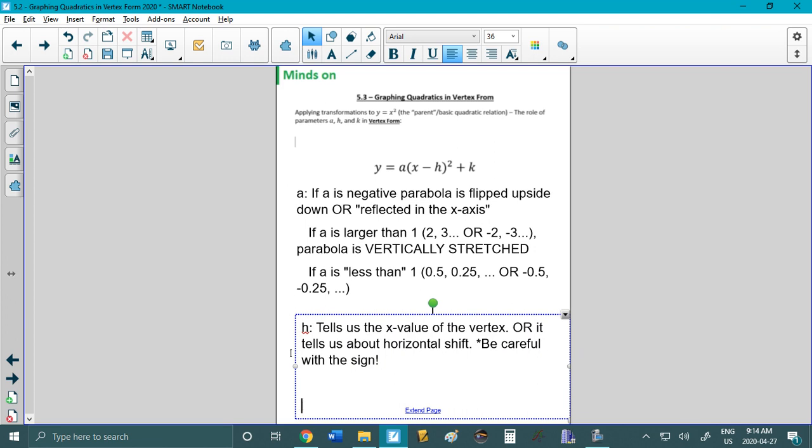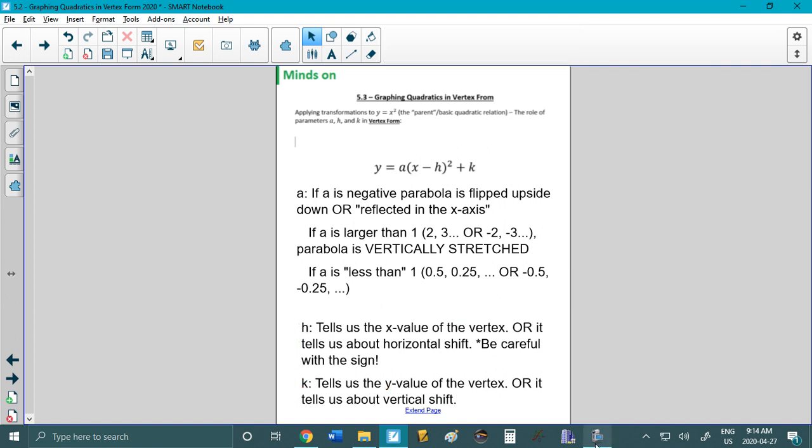And then K tells us the y value of the vertex, or it tells us about vertical shift. And in this case, the sign is normal, so no need to be careful.